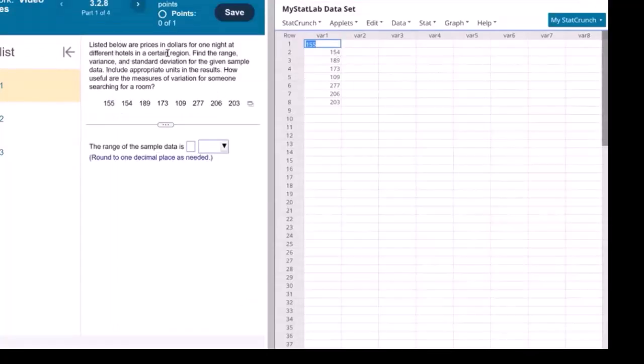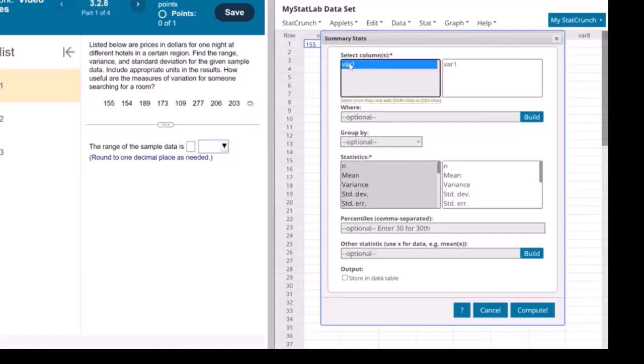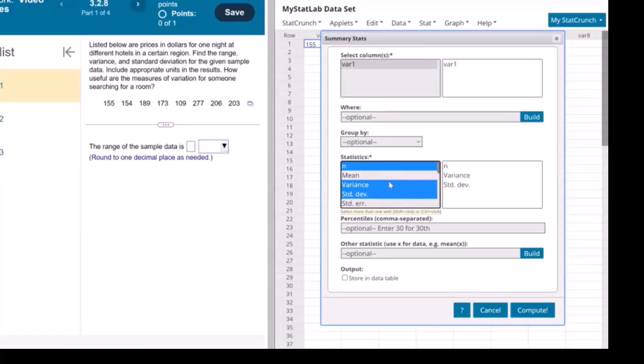So we just got the numbers from this problem, and now I want to find the range, the variance, and the standard deviation. I'm going to click here to Stat, Summary Stats, Columns. Select var1, and I always like to have the number. I need the variance, I need the standard deviation, and I'm holding down the control key.